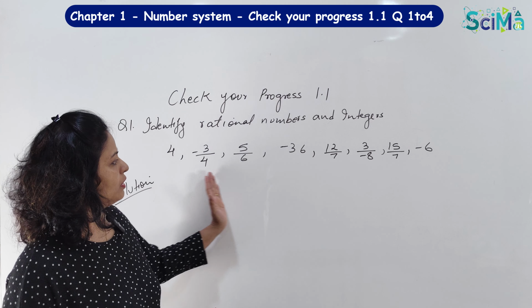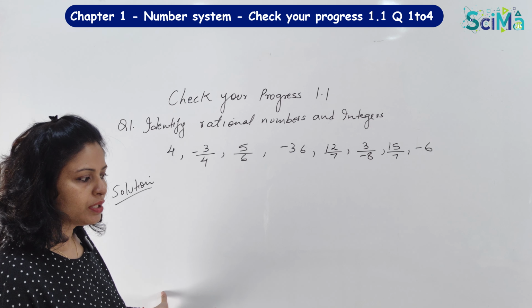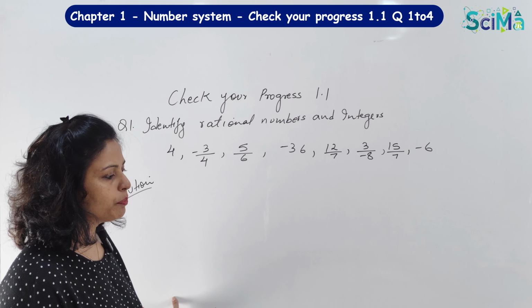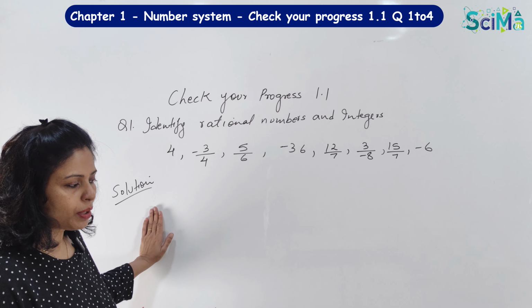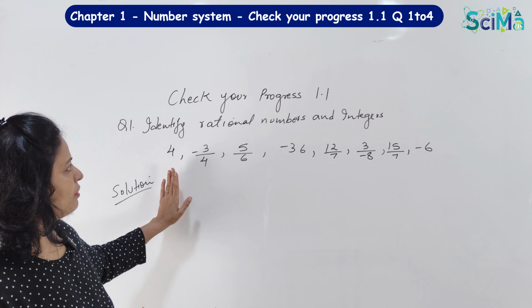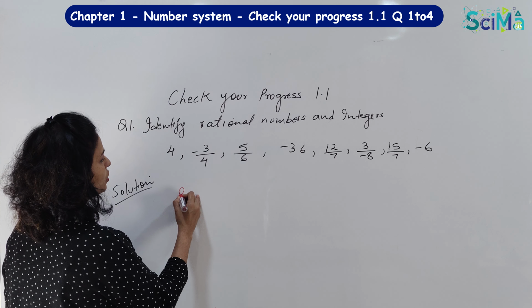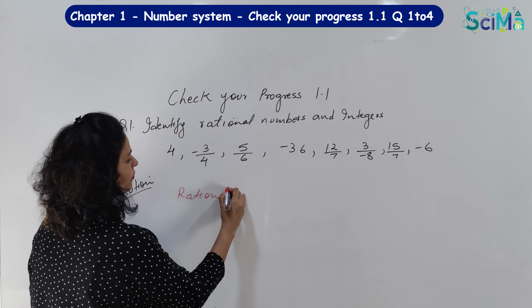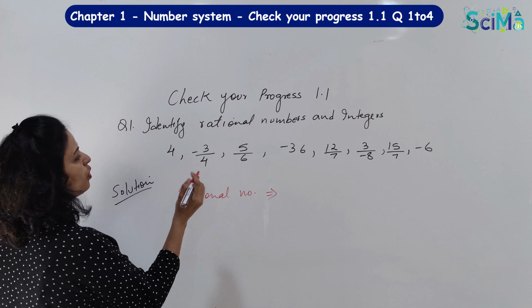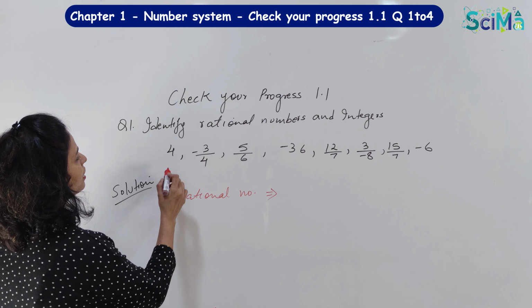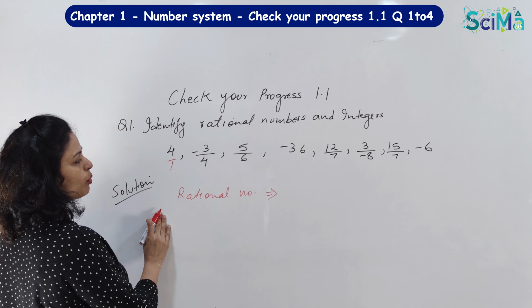Okay, so they have given you the list of numbers. That is the first question, check your progress 1.1. They've given you a set of numbers and you have to identify which are rational numbers and integers. Okay, so which are rational numbers here? If you see, all are rational numbers here because 4 can be written in the form of p by q.